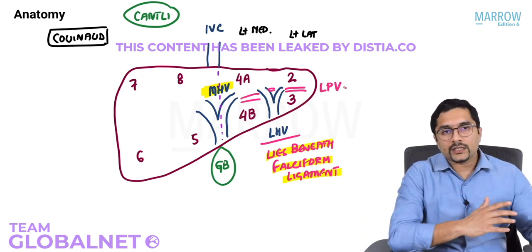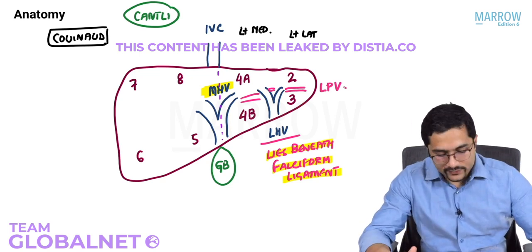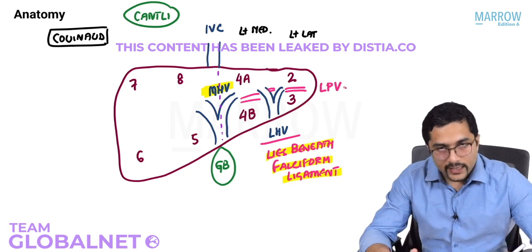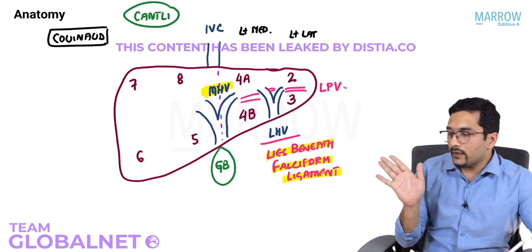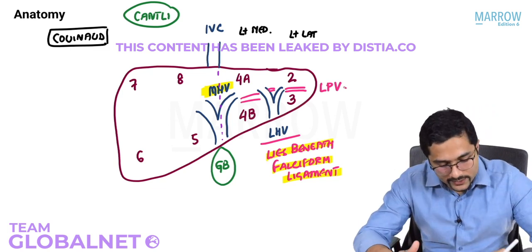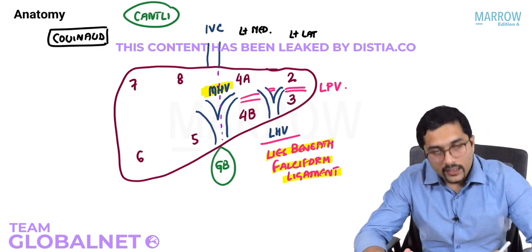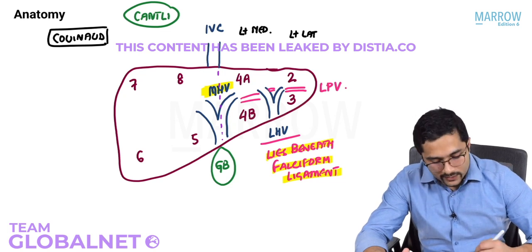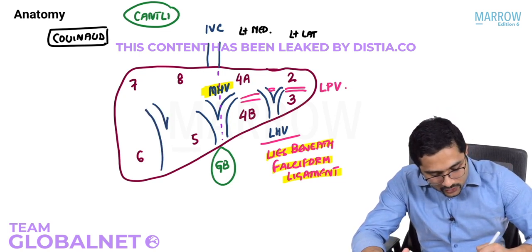So this was regarding the left side. The right side is just the mirror image of the left side. On the right side, instead of lateral and medial, it is anterior and posterior. So 6 and 7 are posterior and 5 and 8 are anterior, and this is based on the right hepatic vein.